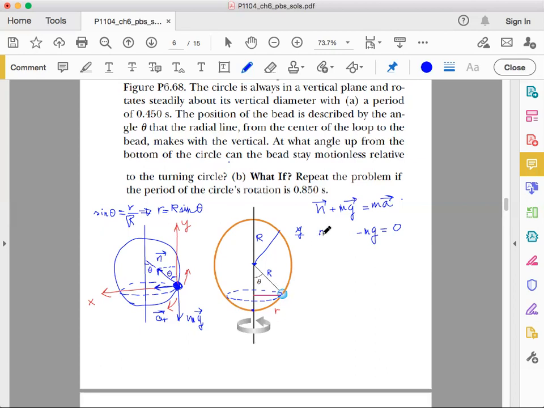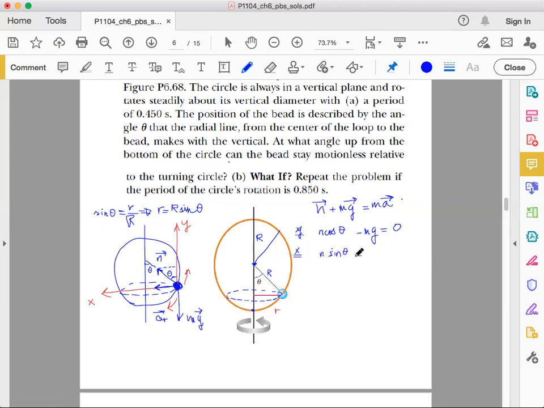So we end up with N cosine theta minus mg equals 0. And then along the x-axis, the projection of N onto the x-axis is N sine theta. Mg doesn't have any projection onto the x-axis, it's just perpendicular to it.